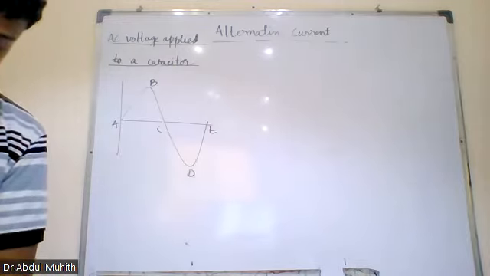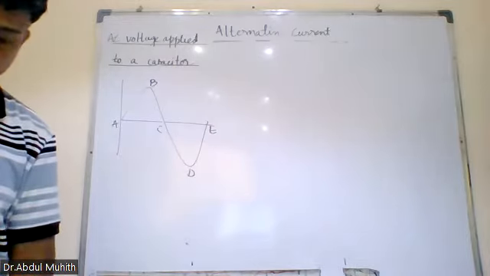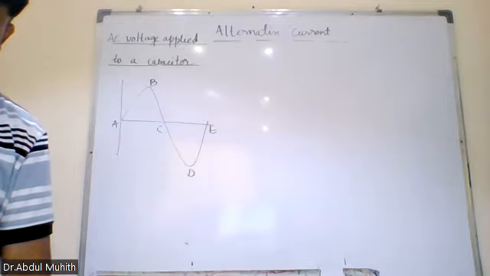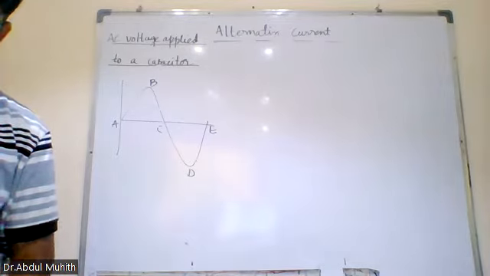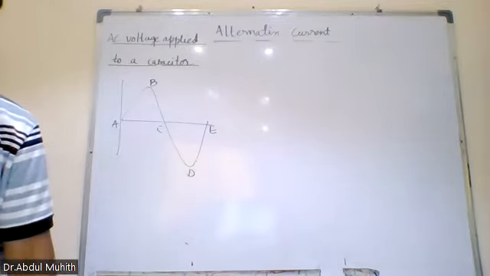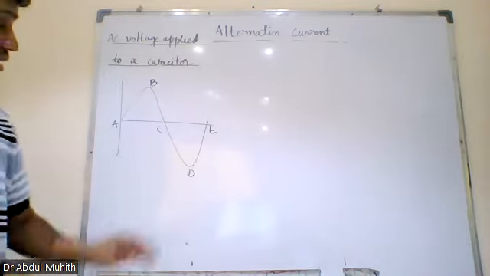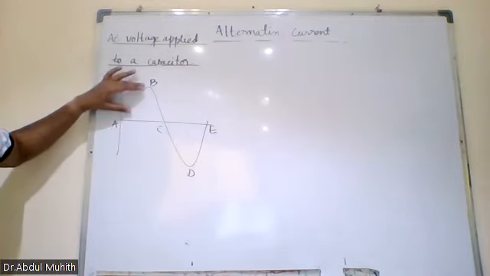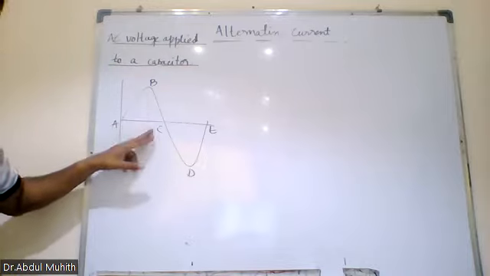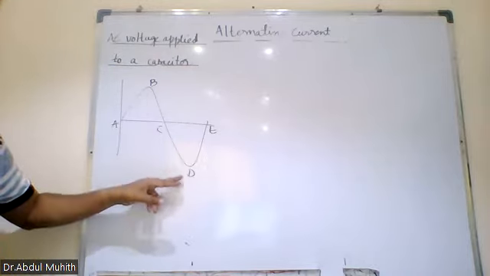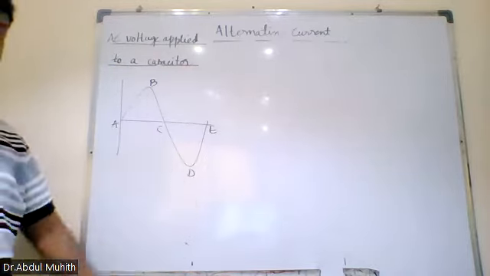I'll write it down. One second, I'll explain. What is happening here in this case? See, it is absorbing the same way. A to B it absorbs, B to C it returns, C to D it absorbs in the opposite direction, and D to E it returns.